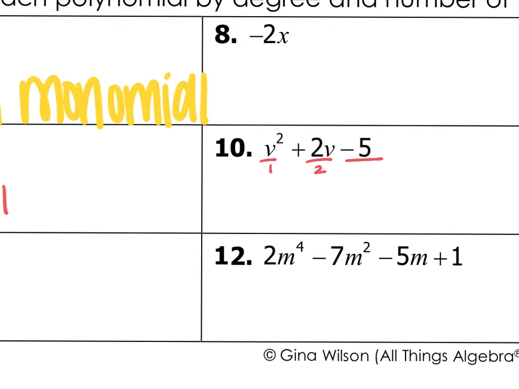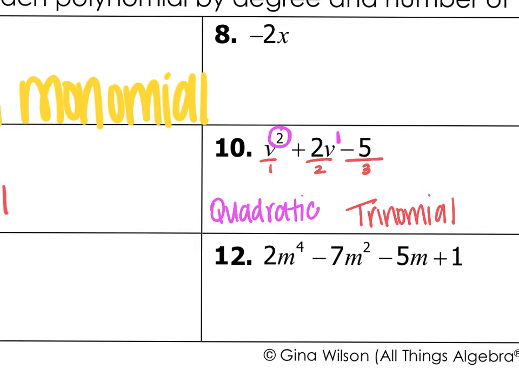There's 1, 2, 3 terms, which makes this thing a trinomial. If you look for your highest degree, it's a 2 because this is a 1. So go to your degree column, what do we call it if it has a degree of 2? It's a quadratic function. So this one is quadratic and a trinomial.